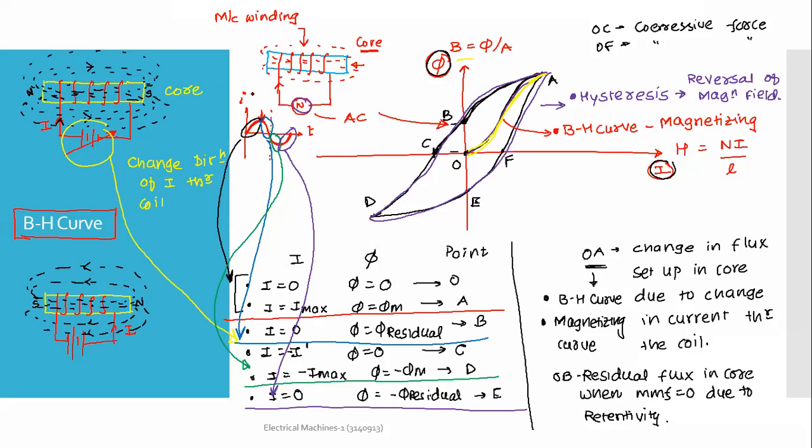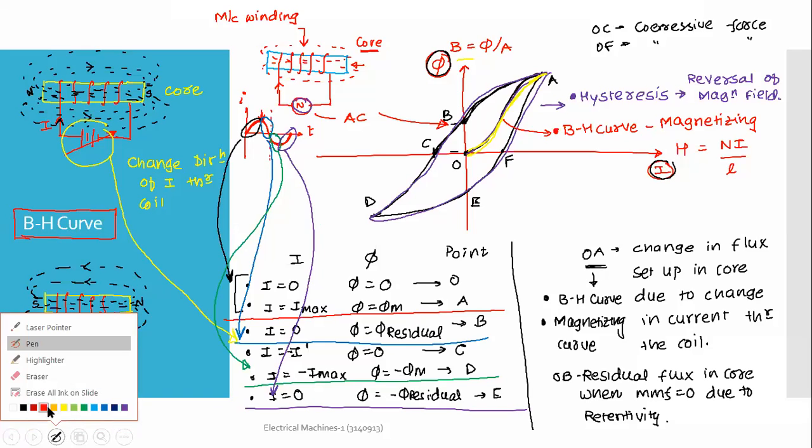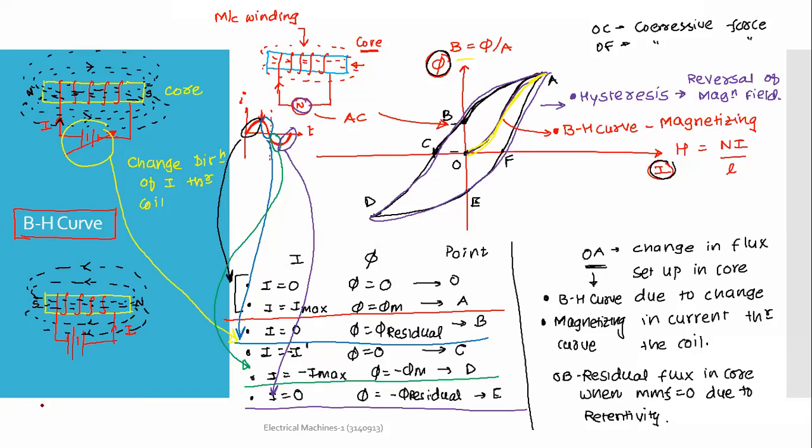So the domains will continuously change their position, and you require some energy to overcome this and do this work. That is what we call the energy lost or dissipated in the form of heat, while the domains continuously change their direction. That is the area under this hysteresis curve, and that is called the hysteresis law.